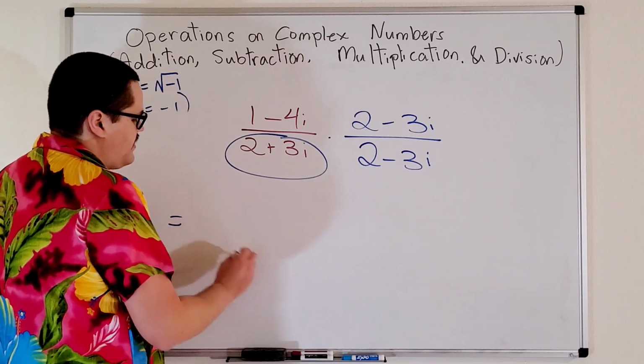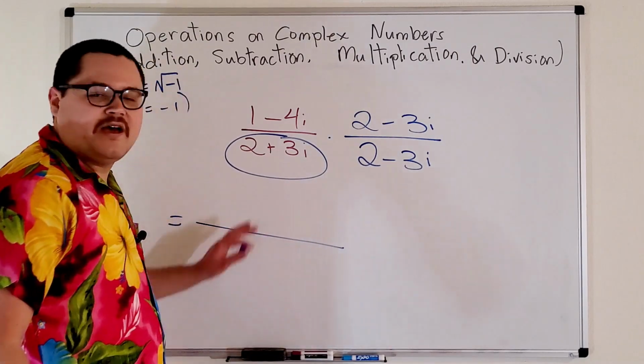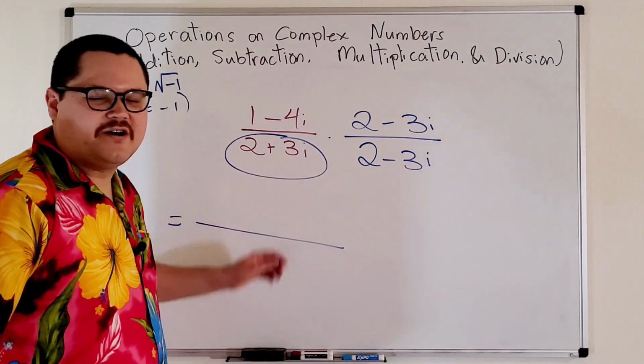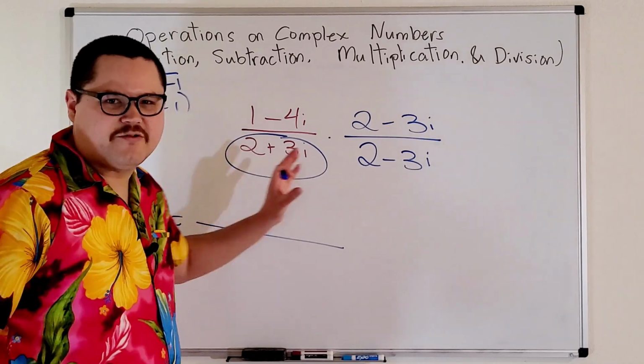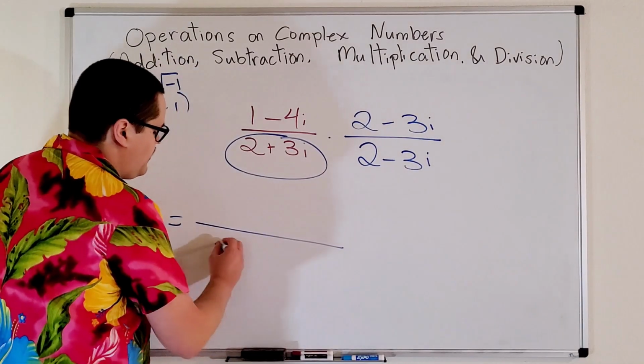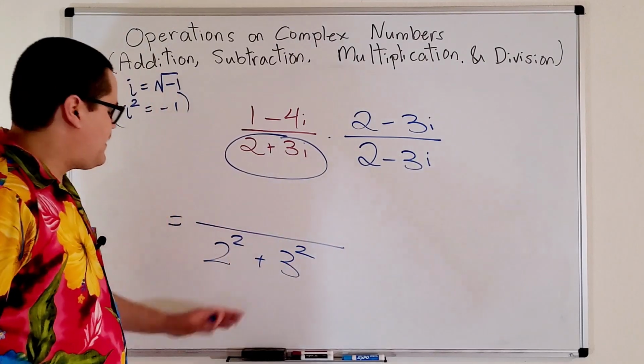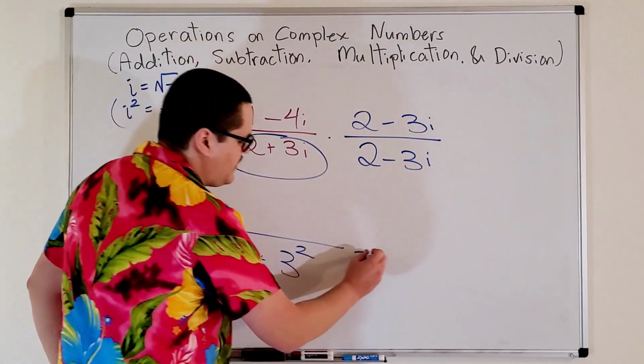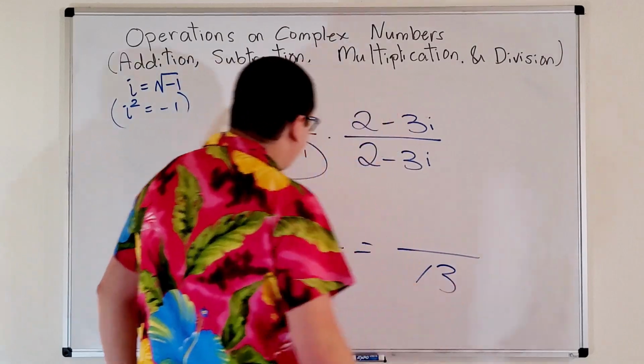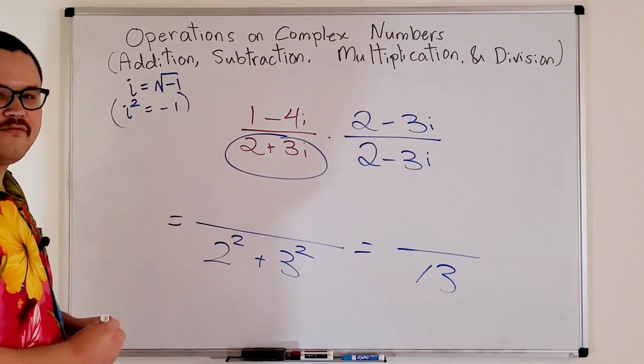All right, so the denominator, I'm going to skip the FOILing here, because we know it's always going to simplify to a squared plus b squared. It'll be 2 squared plus 3 squared. And that'll be 4 plus 9, which is lucky number 13. Okay, FOILing on top.